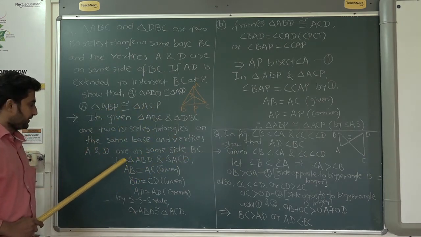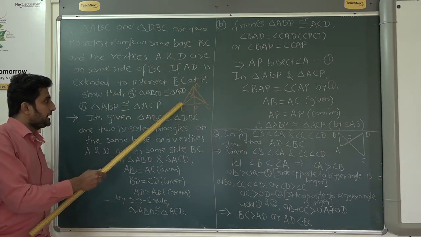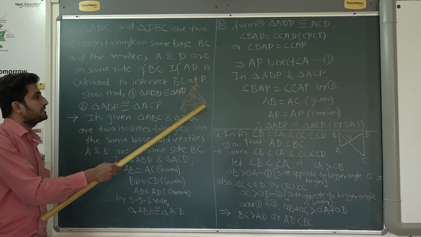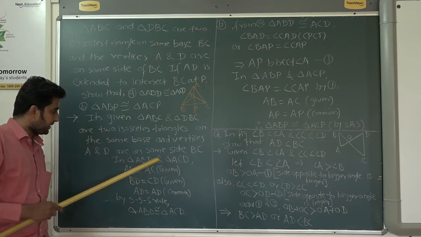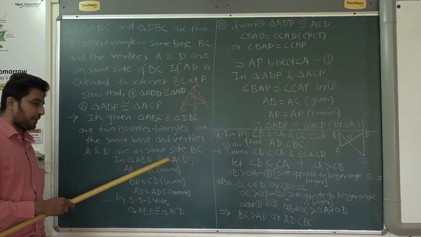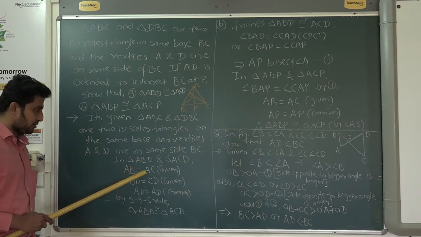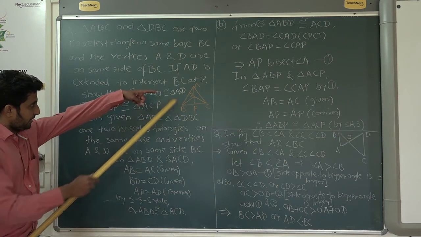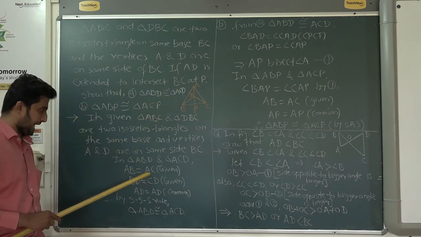Now, in triangle ABD and triangle ACD, we are dealing with these two triangles, in which side AB is equal to side AC, it is given.